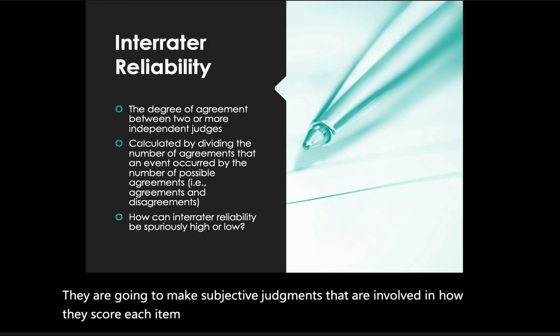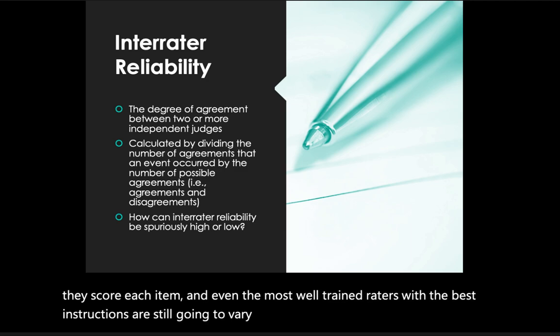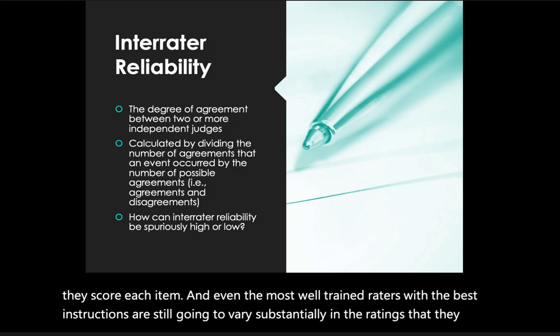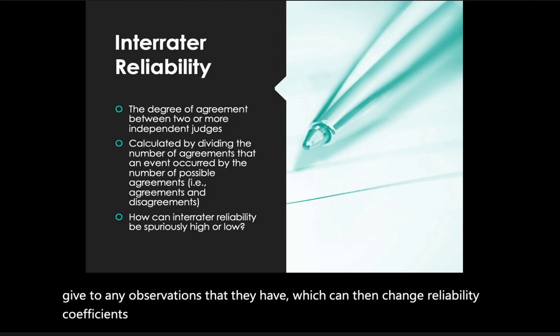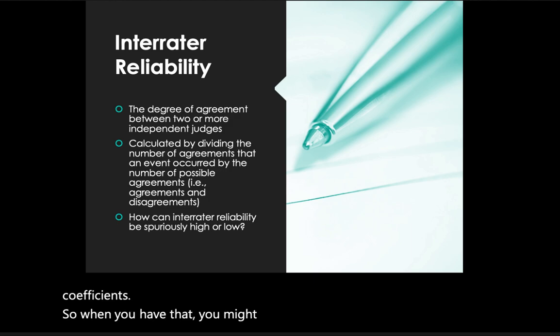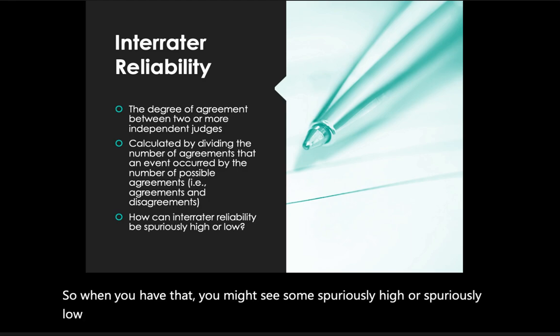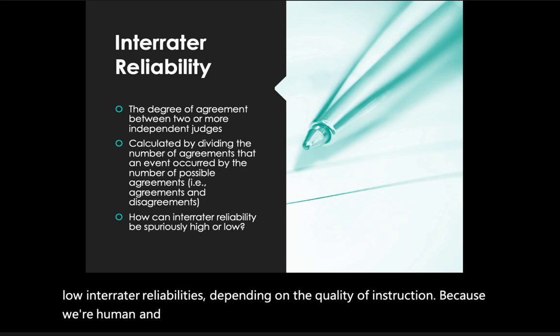And even the most well-trained raters with the best instructions are still going to vary substantially in the ratings that they give to any observations that they have, which can then change reliability coefficients. So when you have that, you might see some spuriously high or spuriously low inter-rater reliabilities depending on the quality of instruction, because we're human and we're going to vary from one another, even if we are well trained.